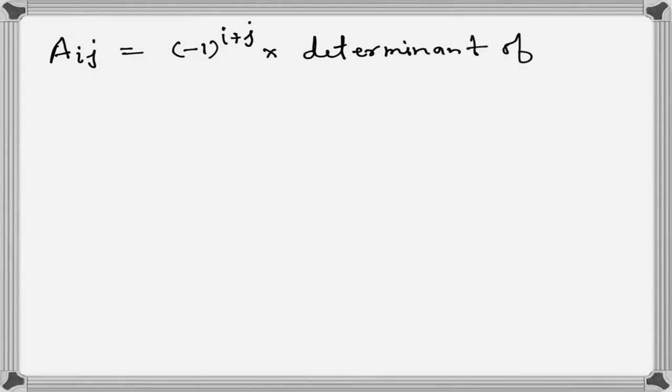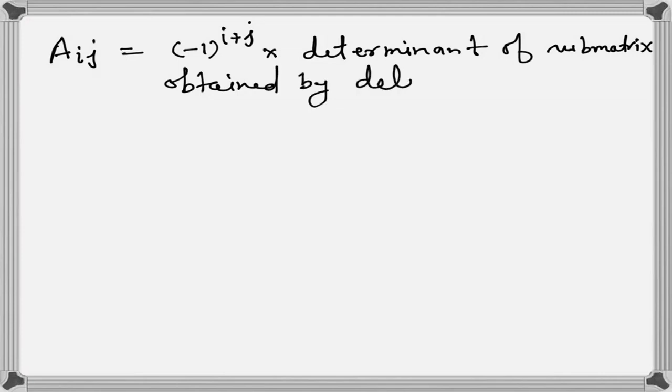In general, this Aij is nothing but minus 1 to the power i plus j times the determinant of the submatrix obtained by deleting the ith row and jth column.